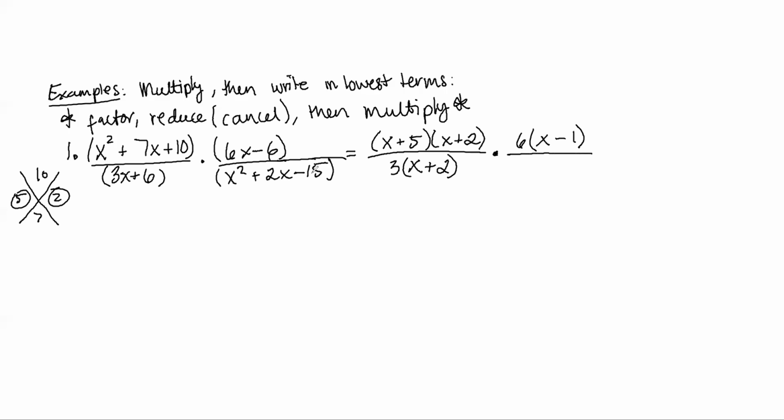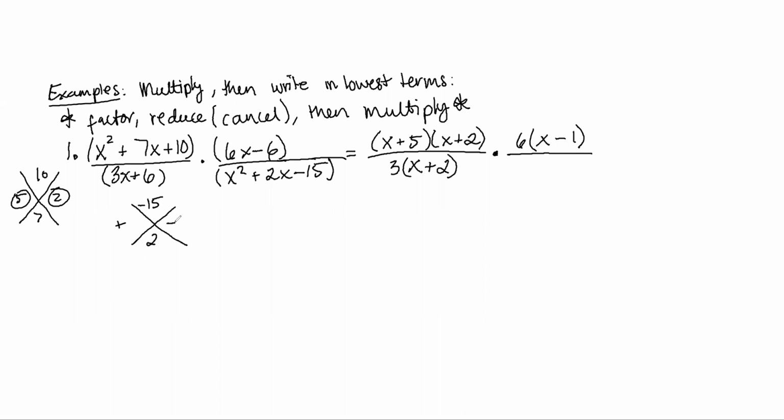And on the bottom here, we have an x squared plus 2x minus 15. So what are we going to multiply to in this one? We're going to multiply to a negative 15, add up to 2. Don't forget your signs that you have to take with the number. So we know we need a positive and a negative.